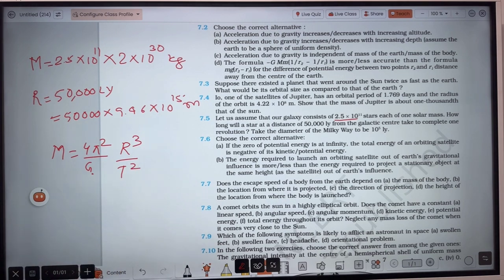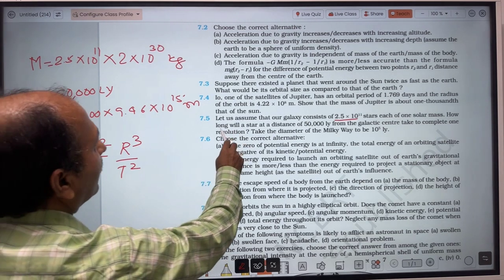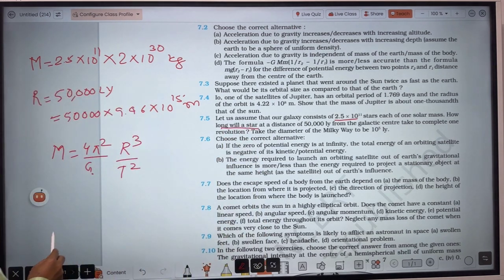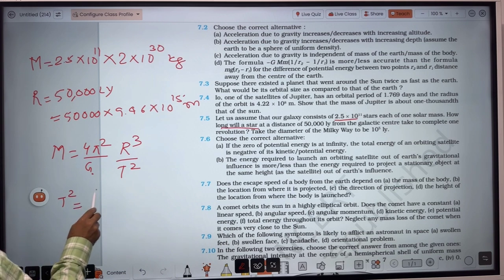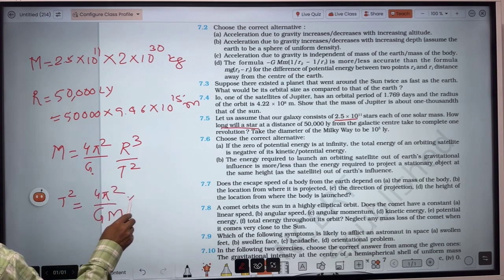Here our concern is to get time. So T square is 4 pi square upon GM multiplied by R cube. Let's put the values.